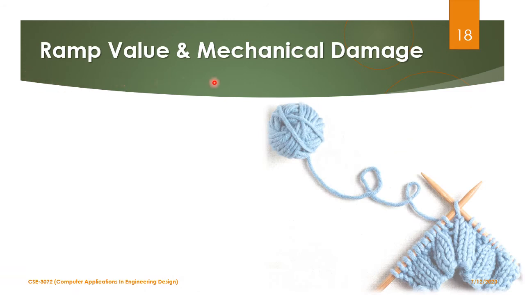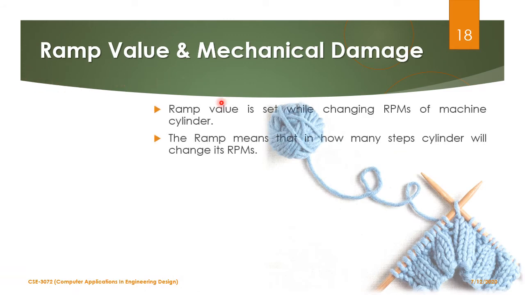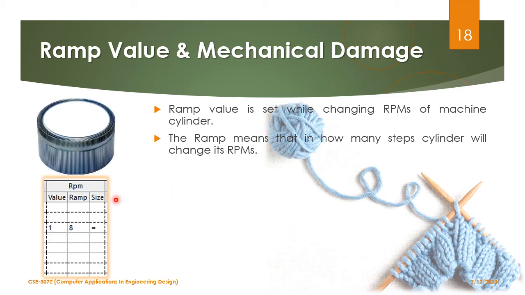Ramp value and mechanical damage. Ramp value indicates in how many steps our command will reach our next point. For example, here ramp value 8 indicates that after taking 8 steps the value of rpm will be 1, which is 106 at backend.